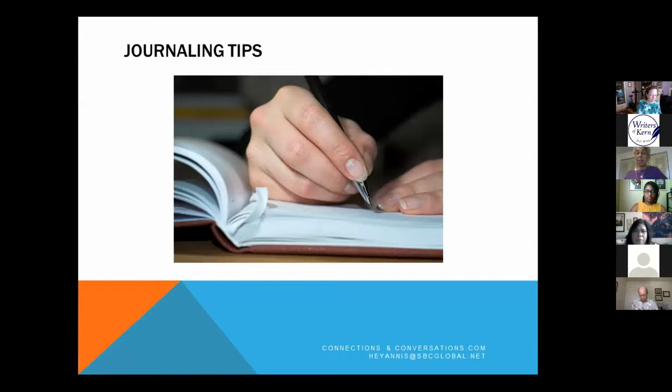What do you see, feel, taste, touch? Describe the actions that you are taking or anyone is taking who happens to show up in your journal. But write without self-censoring. And that's why you might want to burn those journals later. So don't censor yourself, just let it flow, let it go.